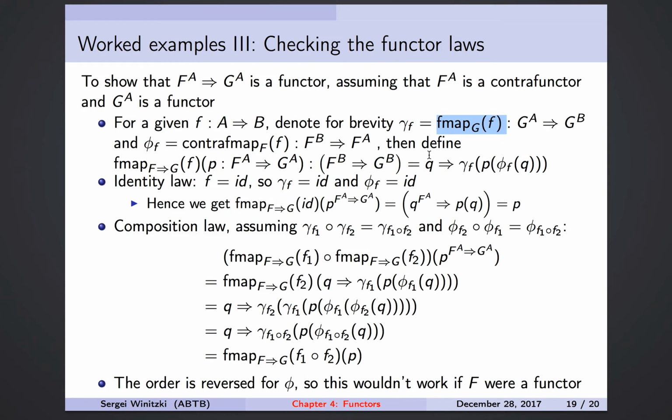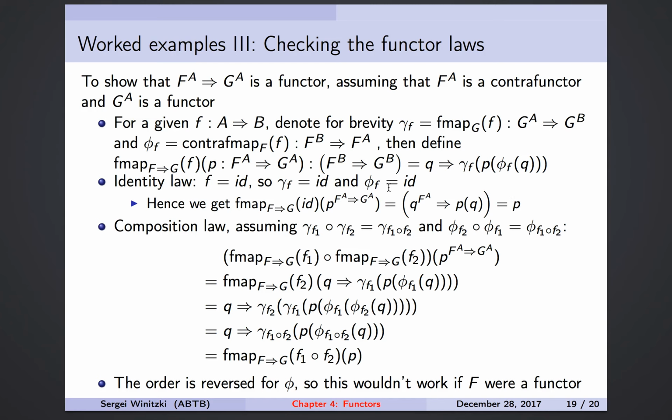So this is the code that we had in our Scala example written in this notation. Takes q, first uses the contramap of f on q, puts that into p, which is this, and then uses the map gamma, gamma f on that p.